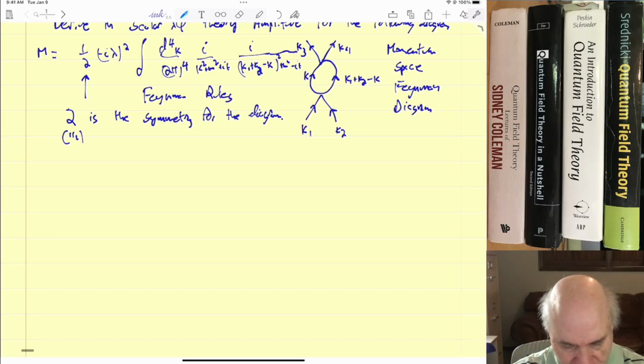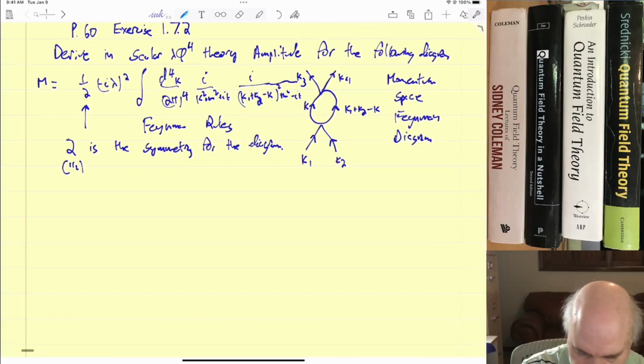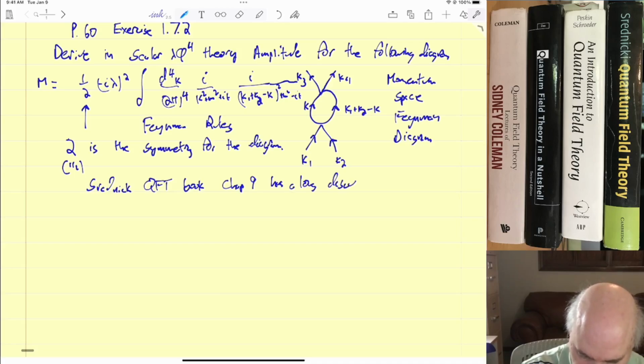The only book that I know of that does this really thoroughly and really well is Srednicki's QFT book. I think chapter 9 has a long discussion on symmetry factors.